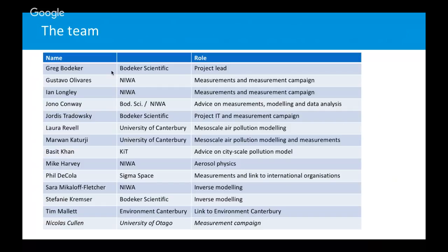We've got Basic Khan, who's been working on PALM, providing advice on that, and then Philip Takola from Sigma Space, who have contacts into Asia with the micropulse LiDAR. So that's a bit of the target market. It's New Zealand problems, but also thinking internationally: how can this technology be used overseas? We've also got Tim Mallett from ECAN involved, and we're pulling in Nicholas Cullen to be involved with the measurement campaign. There'll hopefully be a couple of students there.